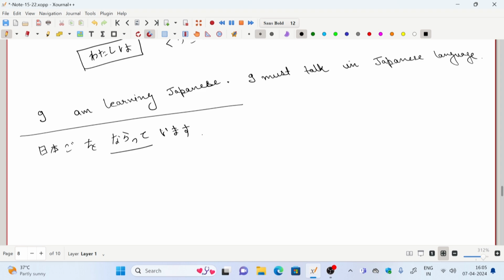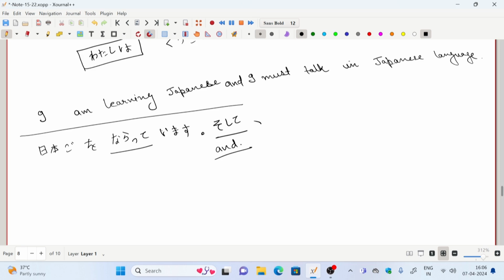I must talk in the Japanese language. If I want to add here and, I'm learning Japanese and I must talk in Japanese, so and will come like soshite. Soshite is for and. We can put a comma here. So in Japanese you can start a sentence with and, that is soshite.